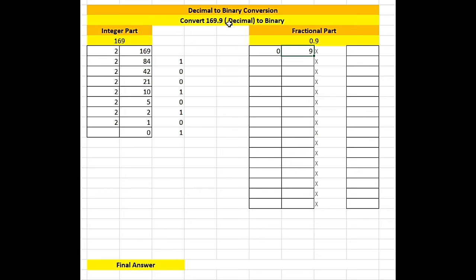For the fractional part, unlike the integer part, we have to multiply the values by 2. If we multiply 0.9 by 2, we will have 1.8.